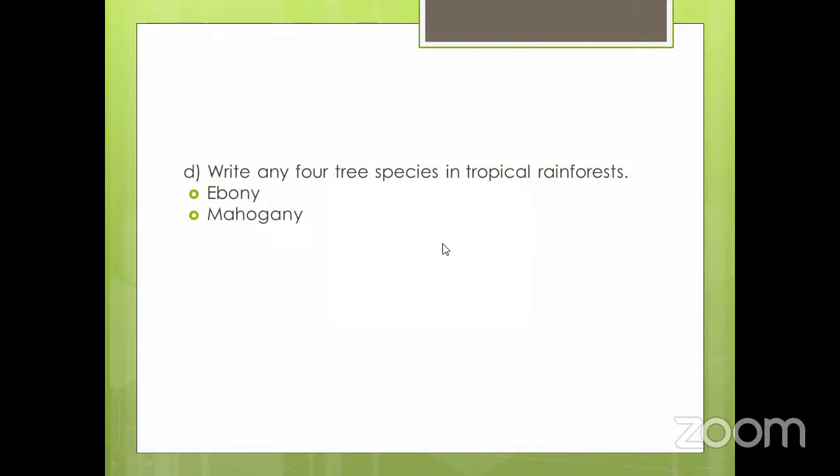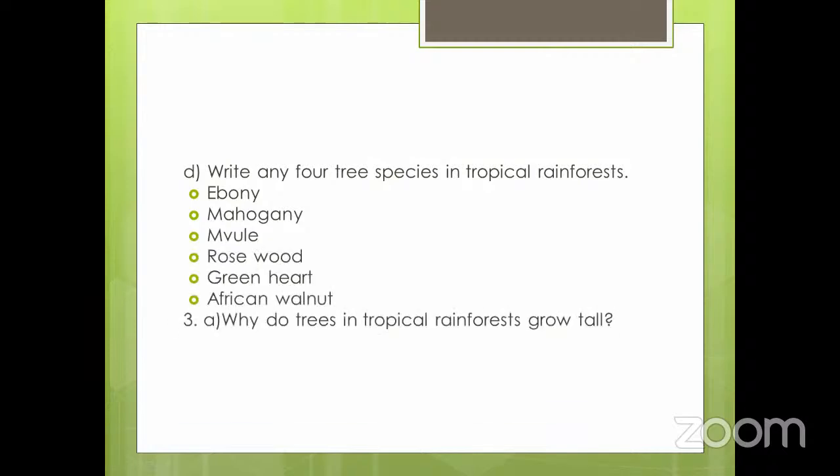Hello. Yes, please. Can you take us through this tree species? Ebony, mahogany, mvule, rosewood, green heart, African walnut.